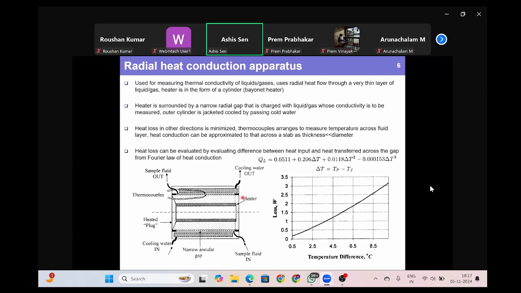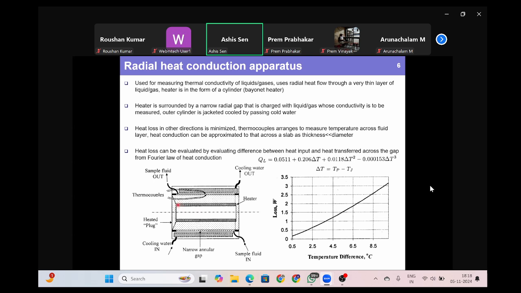Okay. So it is just geometry-wise different. Principle-wise, it is still the same. So basically, this is again a section of the setup, and this is a cylindrical setup. So you have an axis. The axis of symmetry is given by this dotted line.